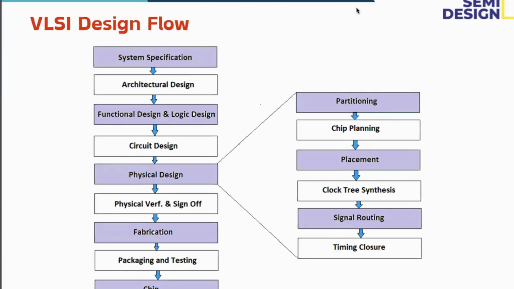Ma'am, this is the VLSI design flow. I think everyone got clarity on what is meant by VLSI, integrated circuits, and how the integrated circuit was introduced through evolution. So another main important thing is the VLSI design flow.